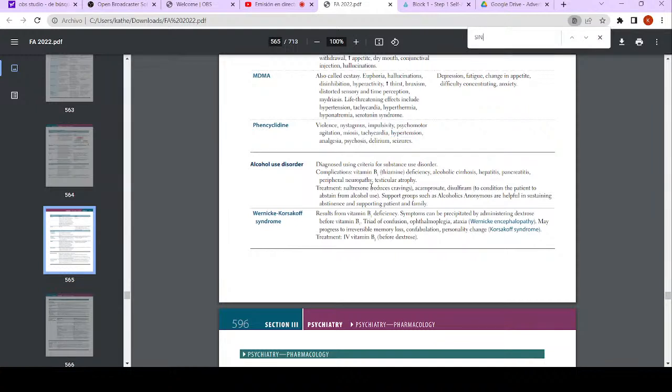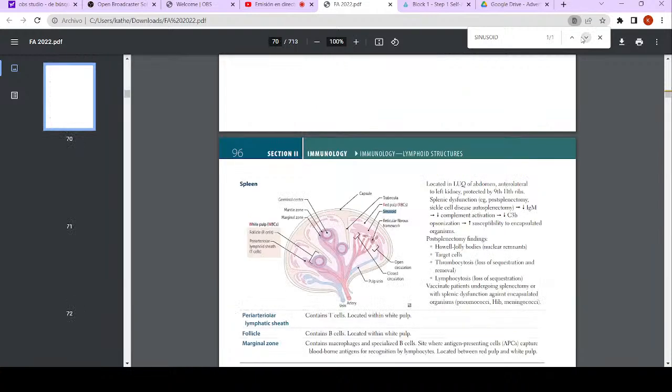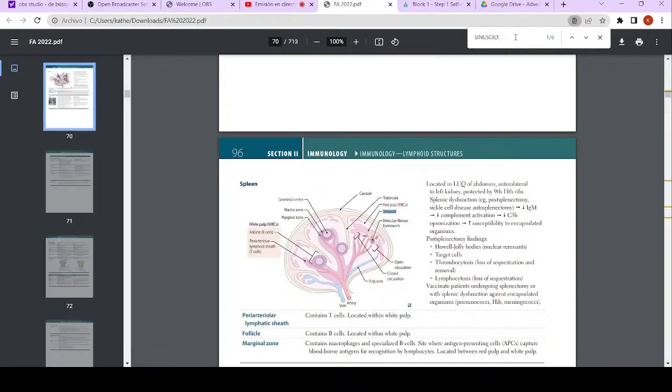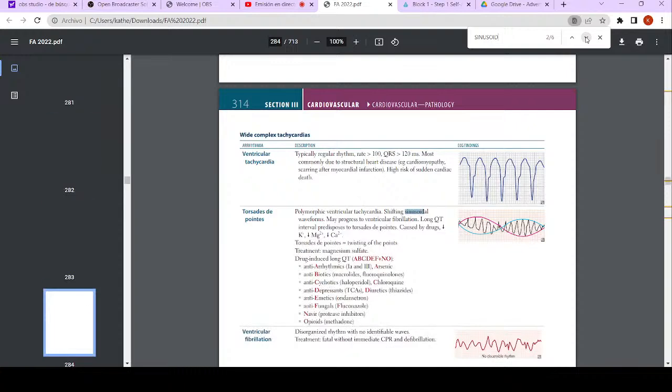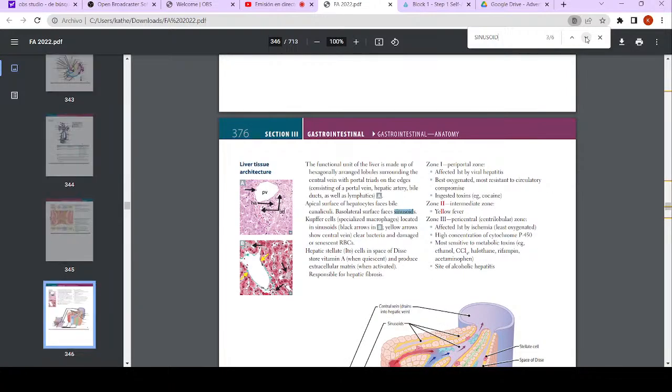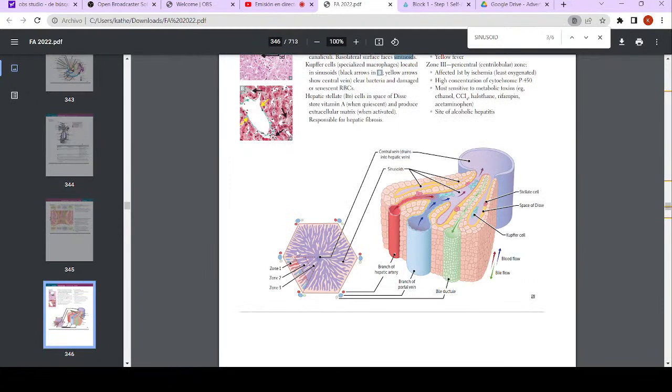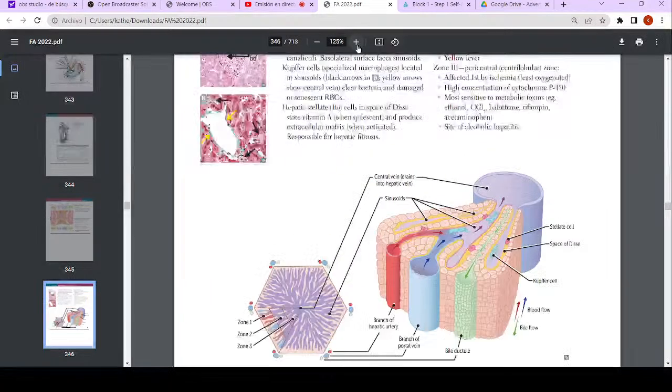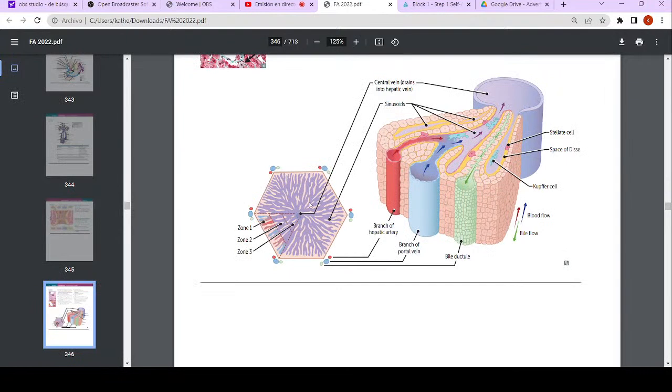Sinusoids. Here we have it. So here are the three zones, and this is super high yield too, because they can ask you what damages which zone, or as we can see in this question, what thing happened. So here we have the three zones.